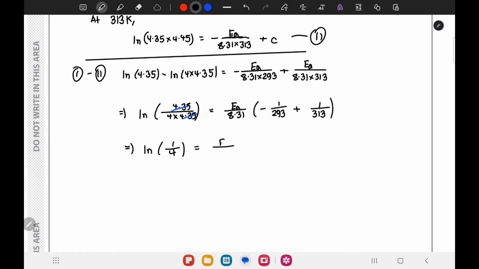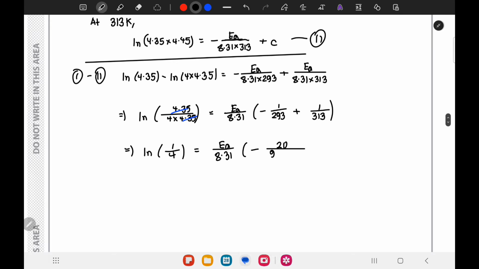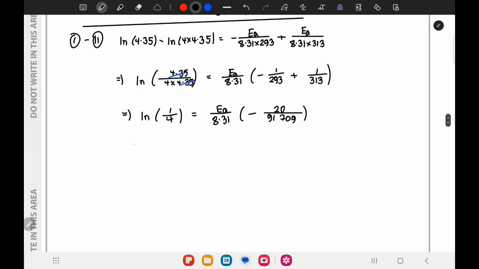And on the right, we have EA by 8.31 multiplied by minus 20 divided by 91,709. Ln 1, from here we can directly calculate activation energy.